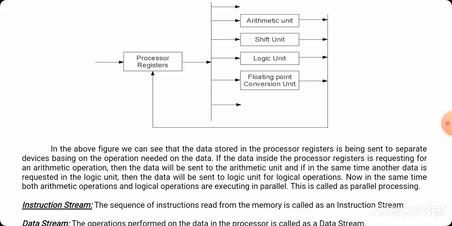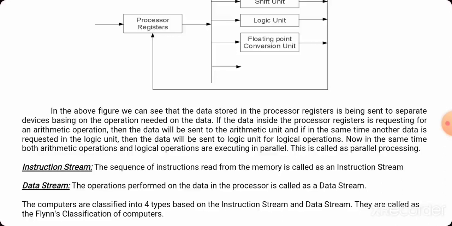The data is binary, and the data is requesting the processor, the CPU, that the operation to be performed for it is the shift unit. Then the processor register will pass that data to the shift unit. It performs the operation, and again the performed result will be stored in the processor register, in an accumulator.